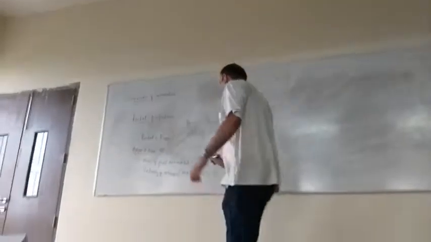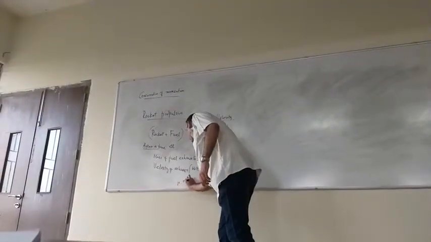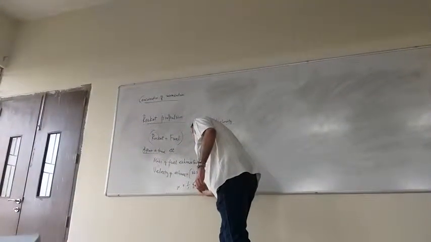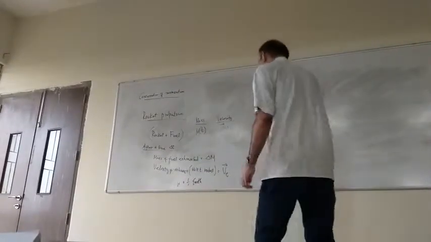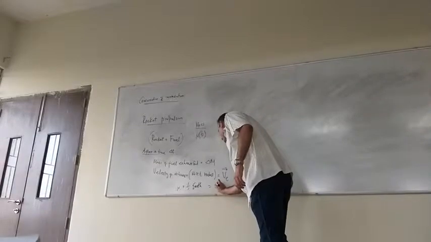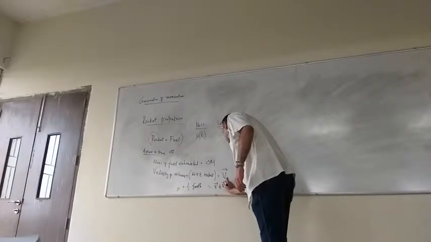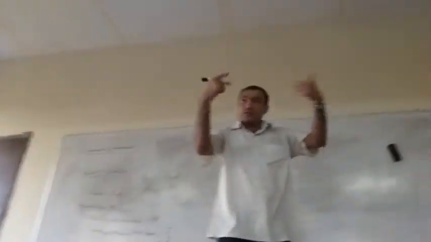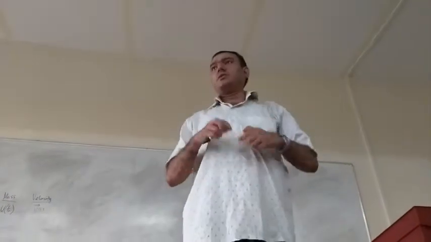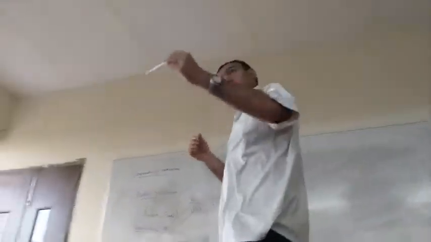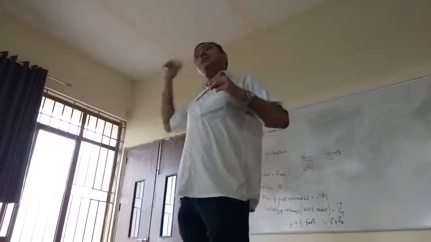So with respect to the earth, which is like the stationary reference frame, it would be v minus Ve, because it's downwards. So the resultant with respect to the earth is v minus Ve.